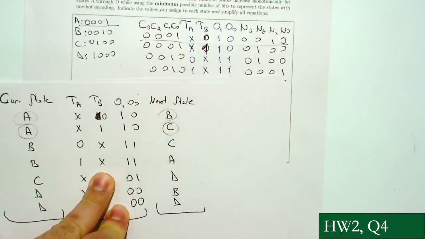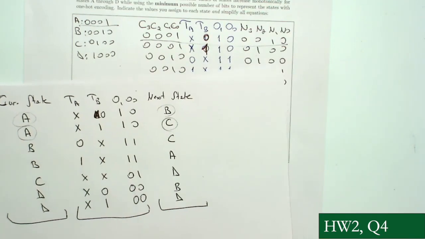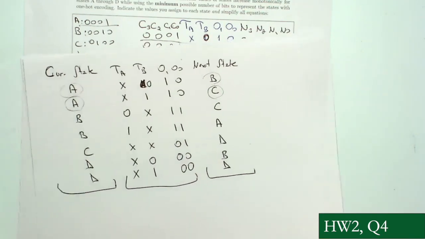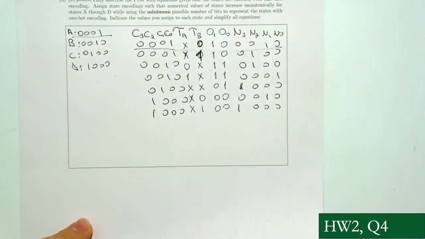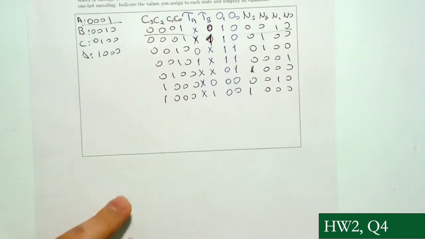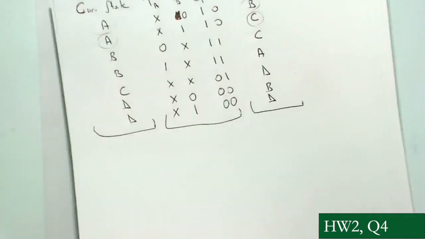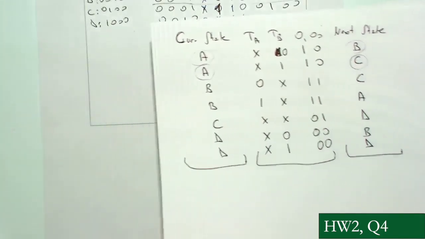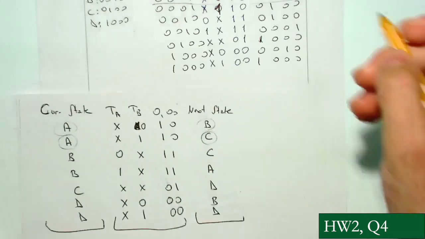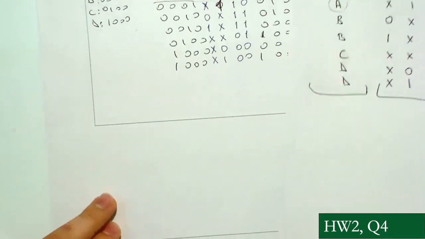Yes, that's true. When TB is 0, I go to B, and when TB is 1, I go to C. Yeah, that's correct. Okay. So based on that, I'll write the next states and also the outputs, I guess. C and B. Okay.